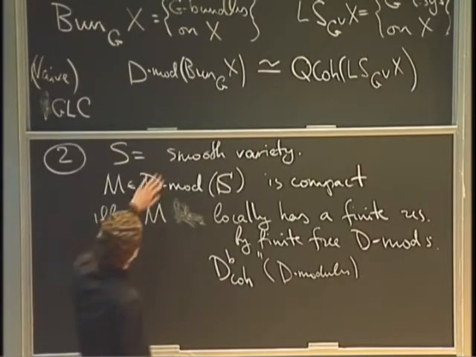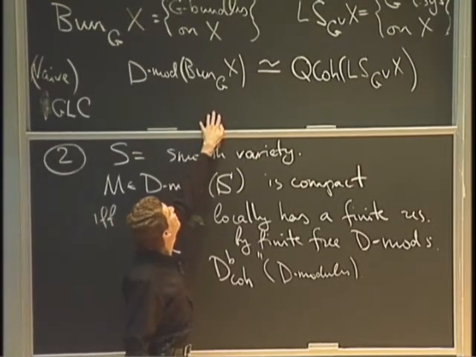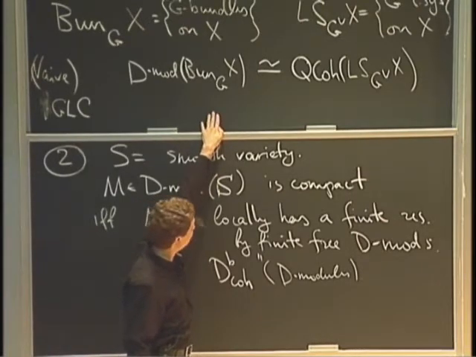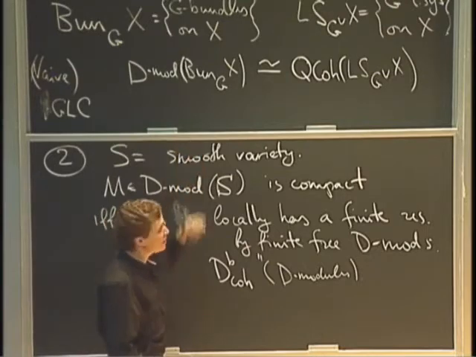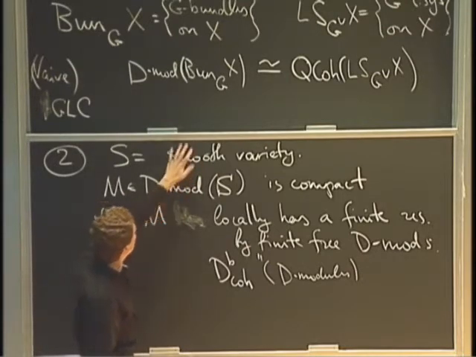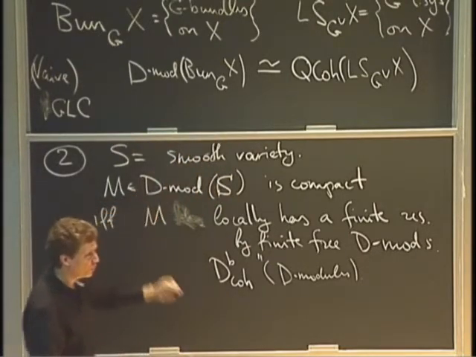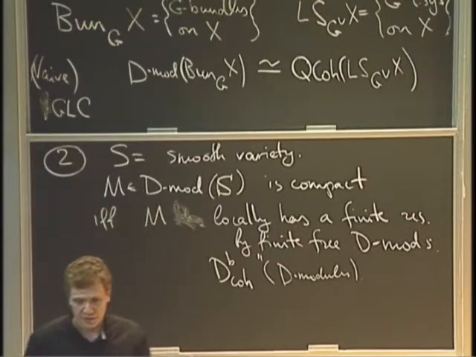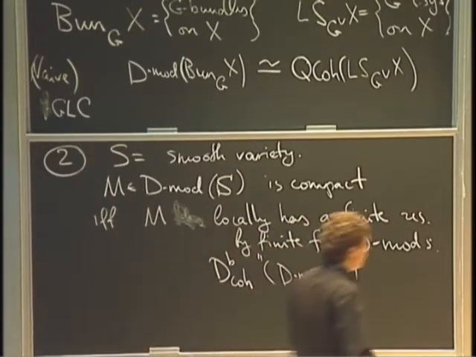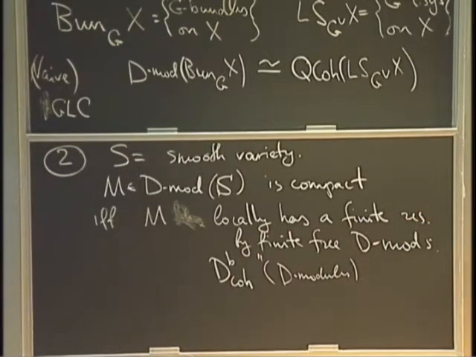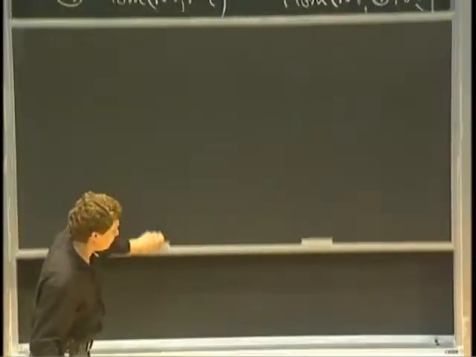Now, it doesn't quite fit the left-hand side of the geometric Langlands conjecture because some bundles have automorphisms. So this is a smooth stack, not really a variety. And it turns out that you have to be careful. So this statement does not literally extend to stacks.